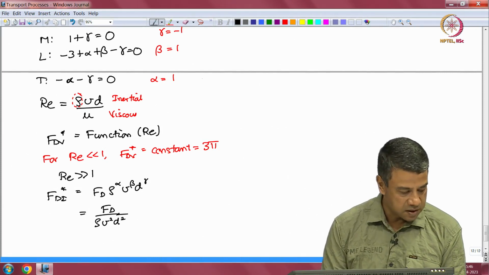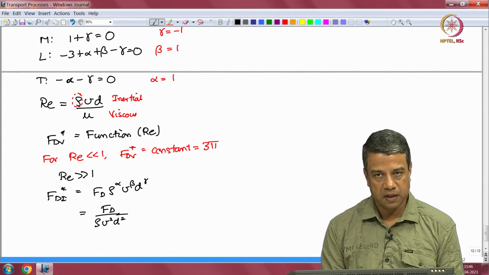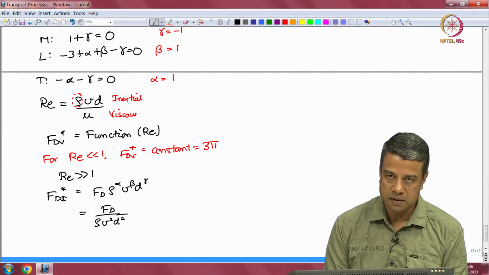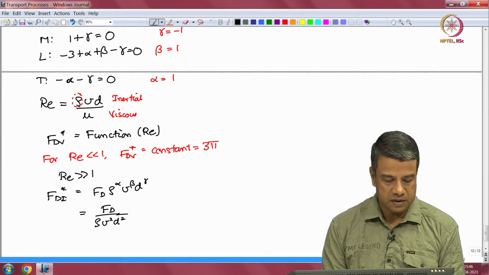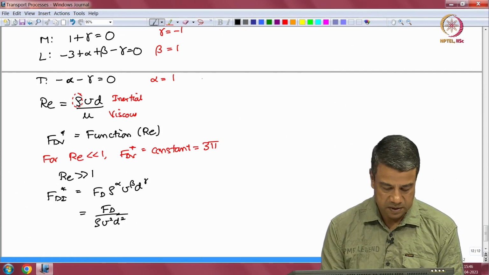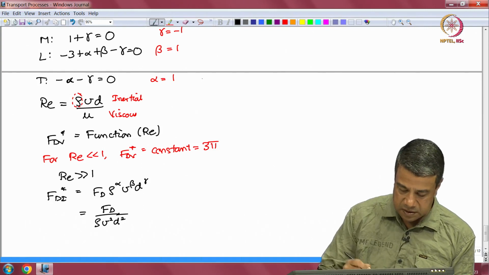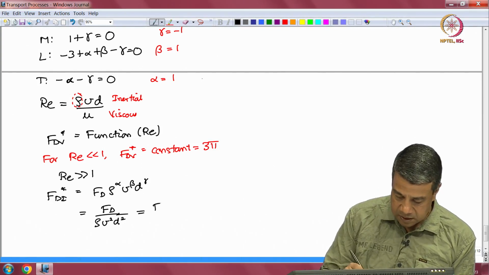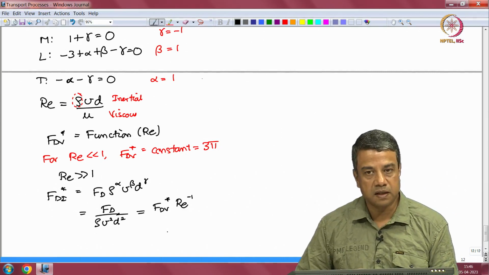So, this is the drag force scaled by inertial scales, which is appropriate for high Reynolds number where inertia is dominant. F_d V star is the drag force scaled by viscous scales, where viscous forces are dominant. And you can easily verify that these two are related. F_d V star into Re inverse gives me the inertial scale.